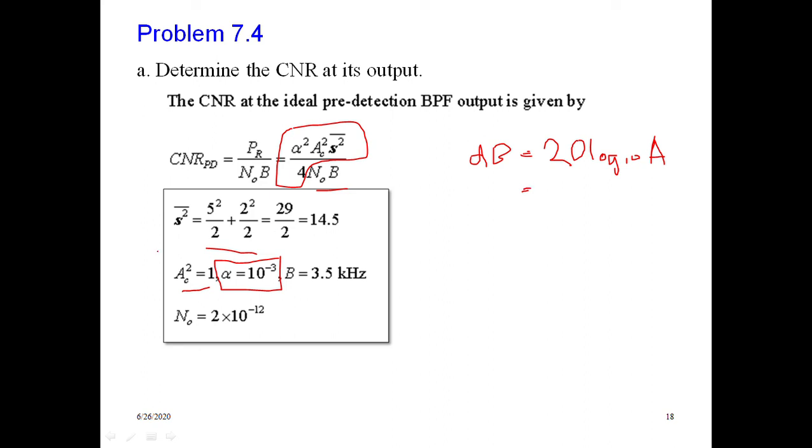Because the calculation is in real number, 60 divided by 20 is equivalent to log 10 A. So you have to do the anti-log.